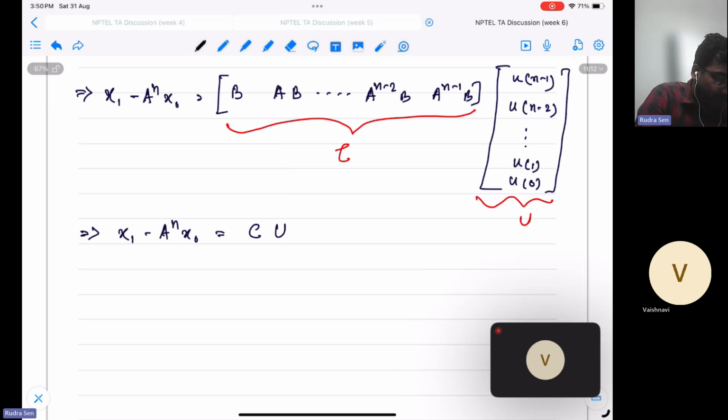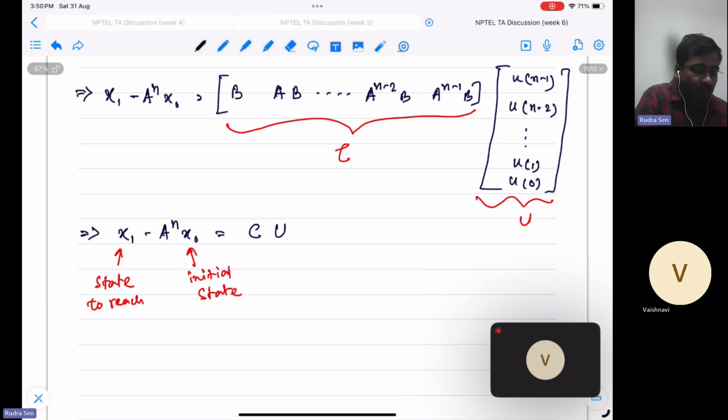So if this is a state, x_n is the state to reach, and x0 is the initial state.